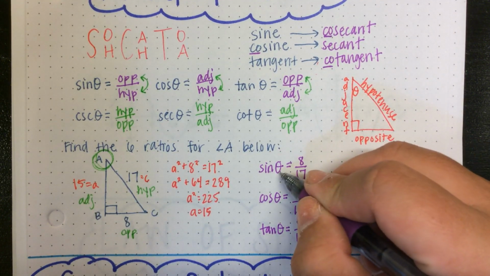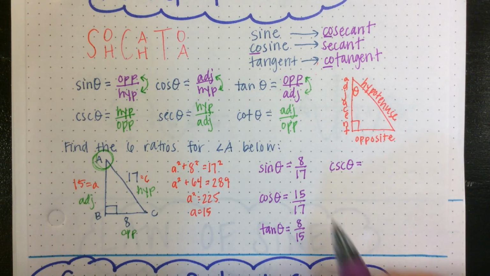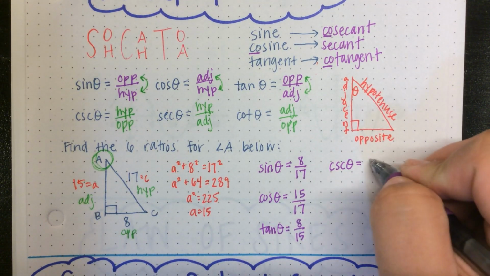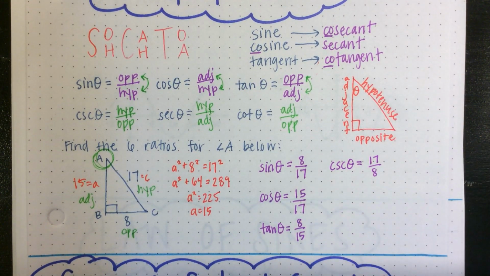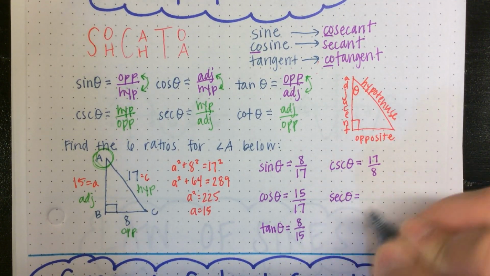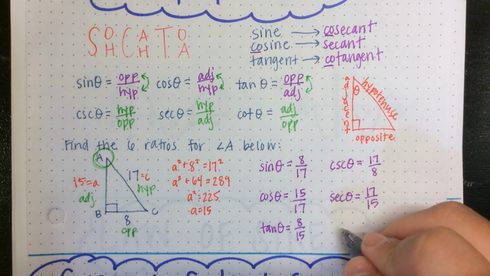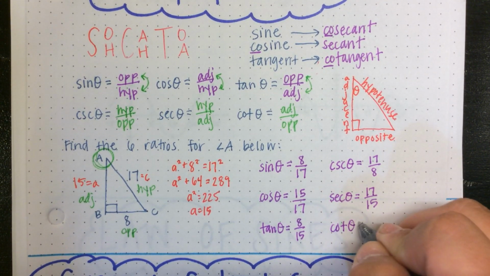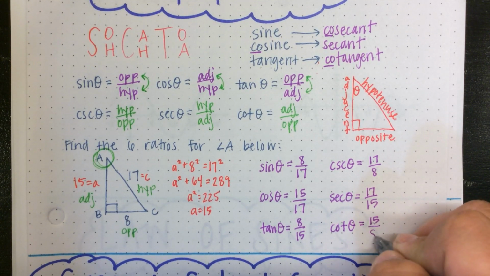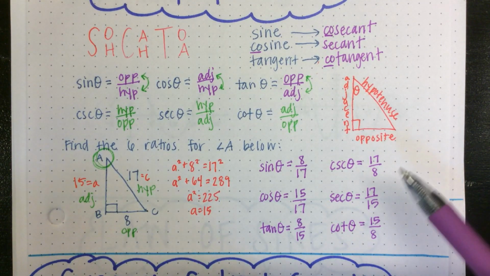Now to go with sine, we have cosecant, which we write as CSC, and all we do is flip sine. So that's 17 over 8. Cosine goes with secant, and we flip cosine, so that's 17 over 15. And then tangent goes with cotangent, so that's 15 over 8. Now, the questions you have aren't going to ask you for all 6.